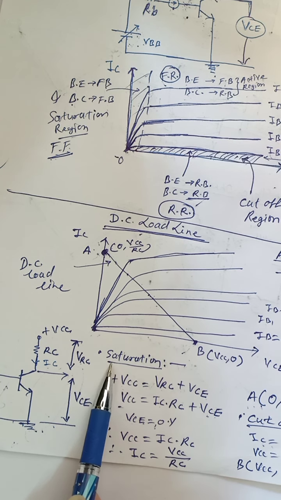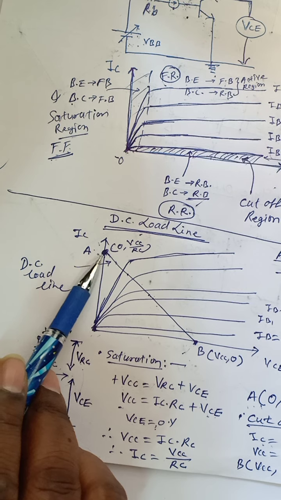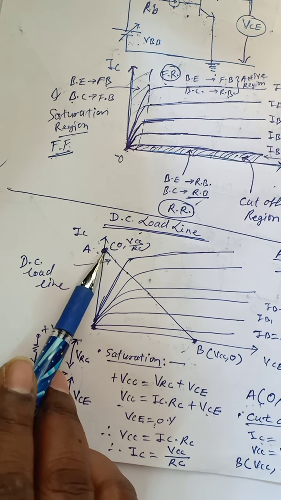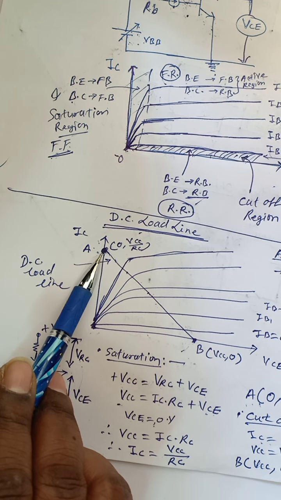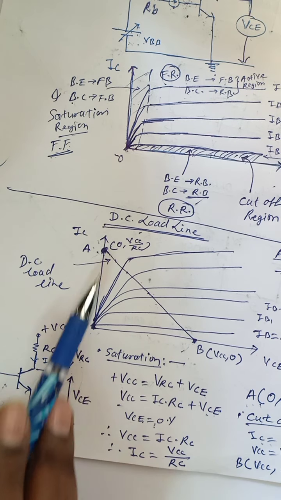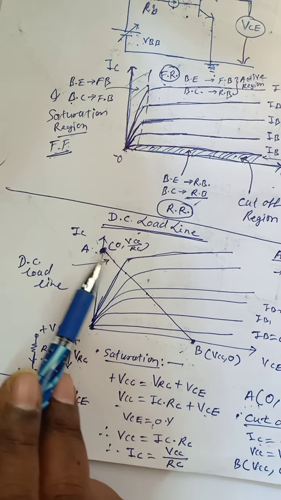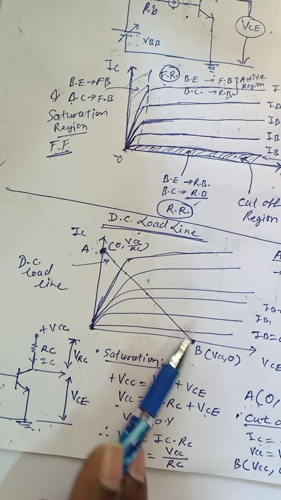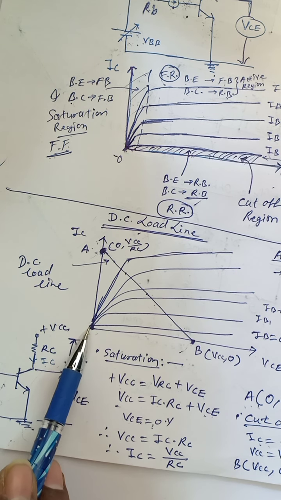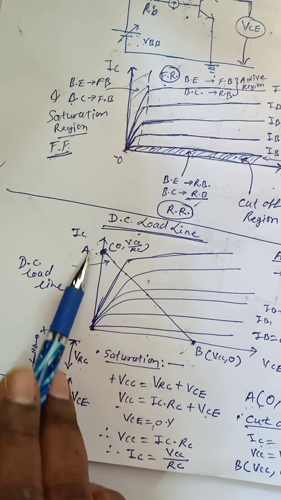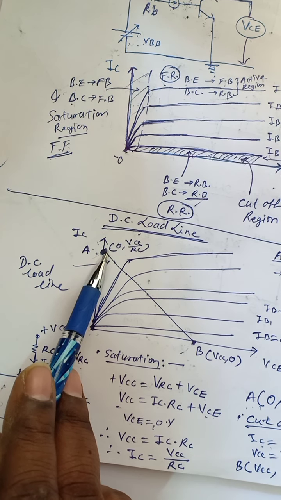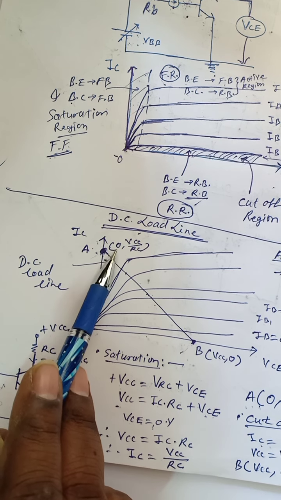We consider one extreme condition, when the transistor is in saturation, and we are going to find the coordinates of this point. When the transistor is in saturation, the collector current is high. If we observe from the graph, the collector current is high, and VCE is 0.